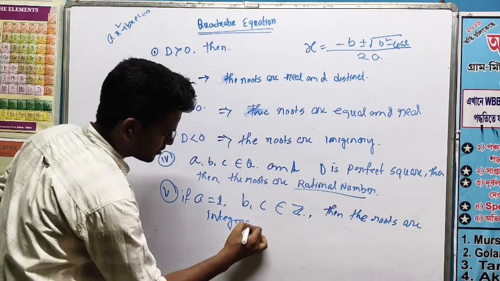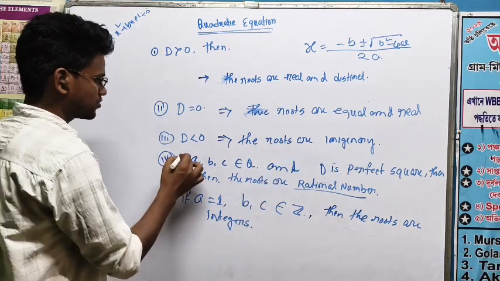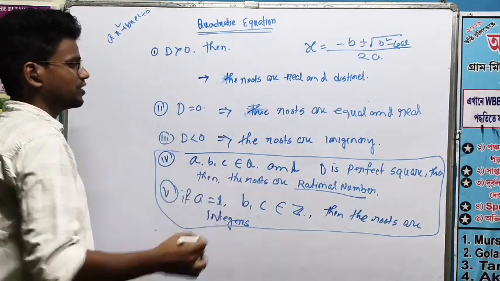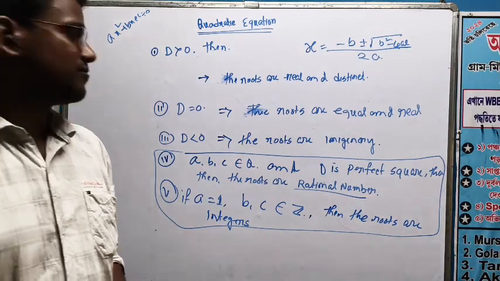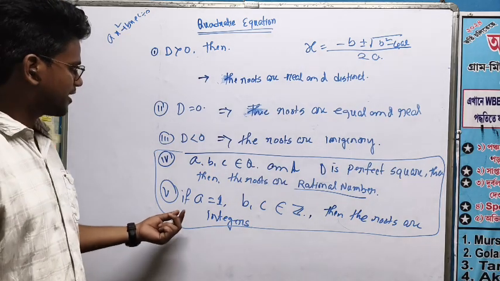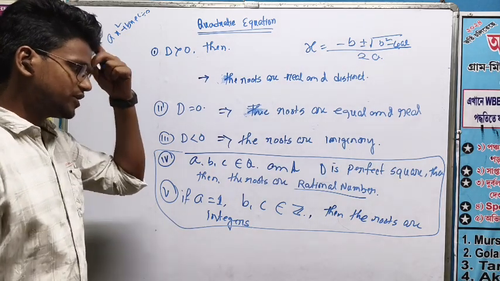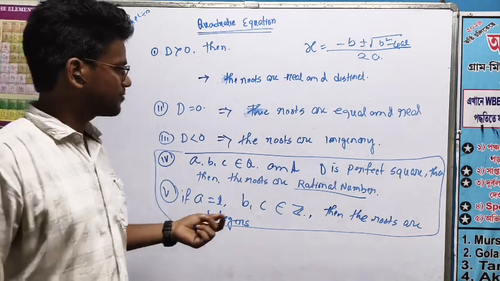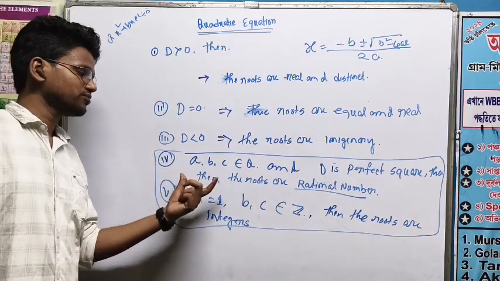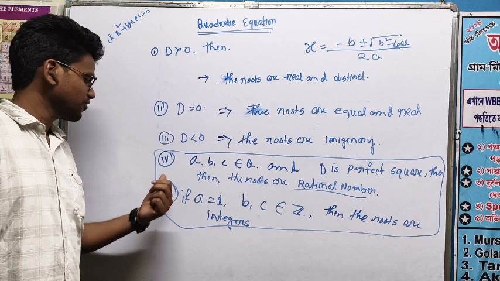Okay, integers. So actually these two points are very important for JEE Mains and Advanced. Some questions came in JEE. I will discuss, then you will understand the more important points of number 4 and 5.